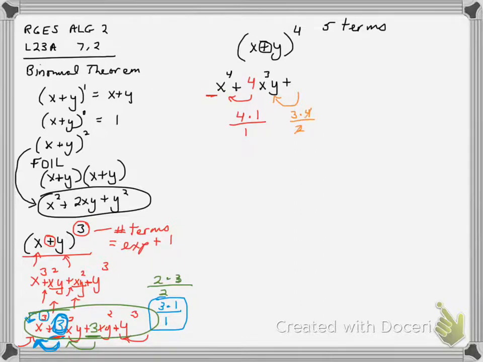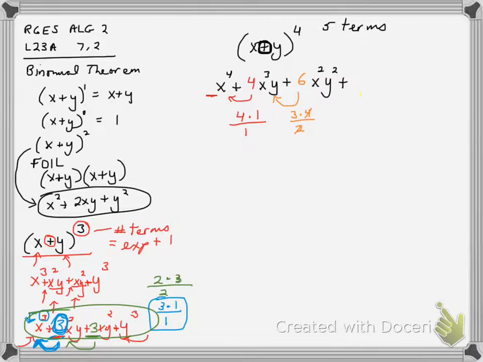I could cancel, and I get 2 times 3 is 6. Then I'll fill in my x's and y's. 1 less x, that'll be x squared. 1 more y, that'll be y squared. A plus, because it's a plus up here in my binomial.